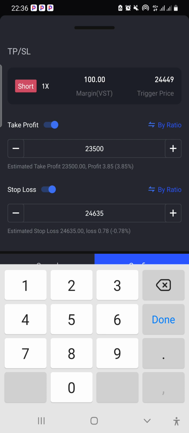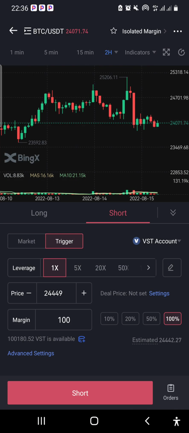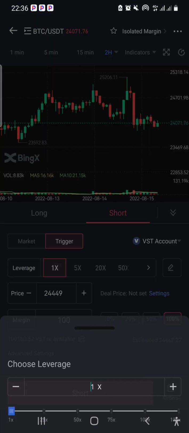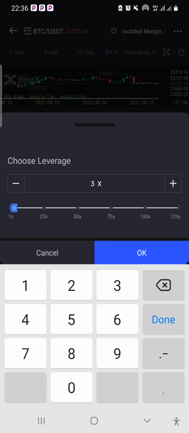take profit of 3.85. And since we want to risk 3% of our account, it means we are still going to risk $3. It has to show a stop loss equivalent of $3. This is where you change your leverage, this point here. So let's say 3x leverage now.